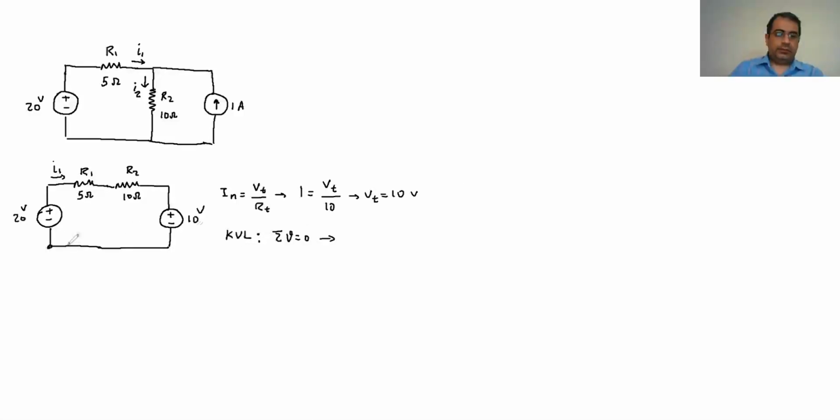If I start from this bottom node here, it's going to be negative 20 volt here, and then I have the voltage in this resistance, which is going to be I1 R1, which is I1 times 5, plus the voltage in this one, which is going to be I1 R2, so I1 times 10, and then here I received it, so it's going to be plus 10 volt, and it's going to be 0.